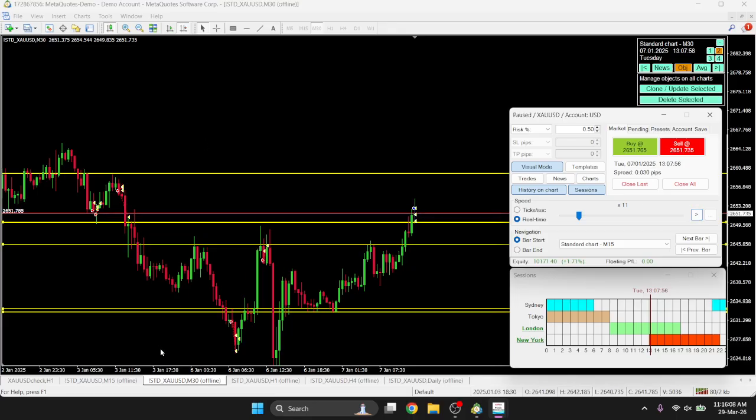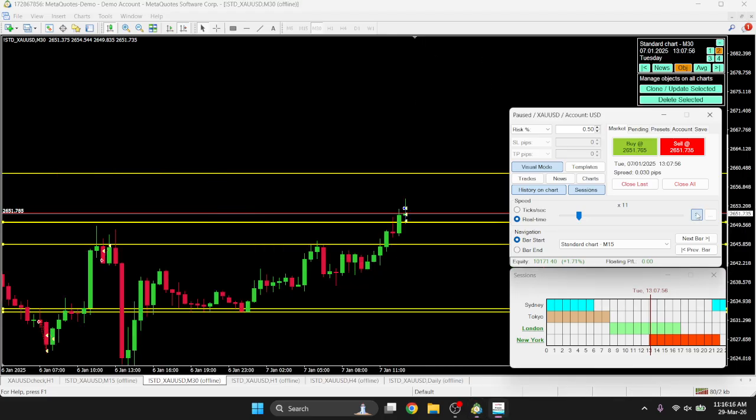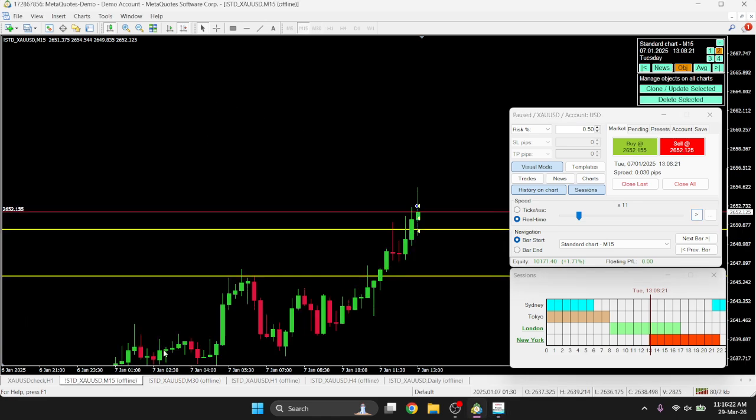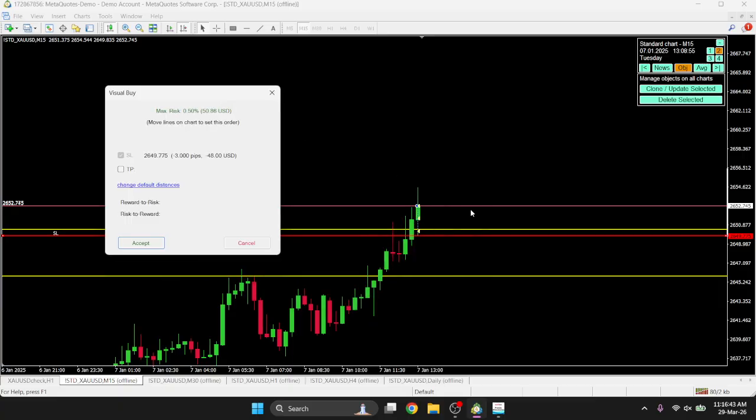So should I take a second chance here if it breaks its previous candle high again? Maybe I should take a second chance. So it's just breaking the previous candle high again. So I'll take a second chance. I'm giving it a second chance and my SL will be in the same area.